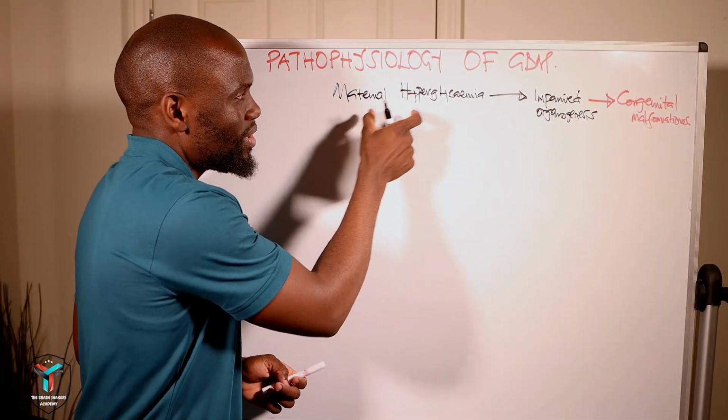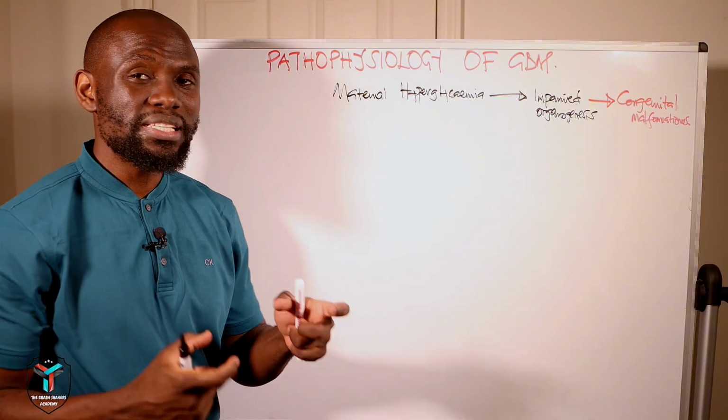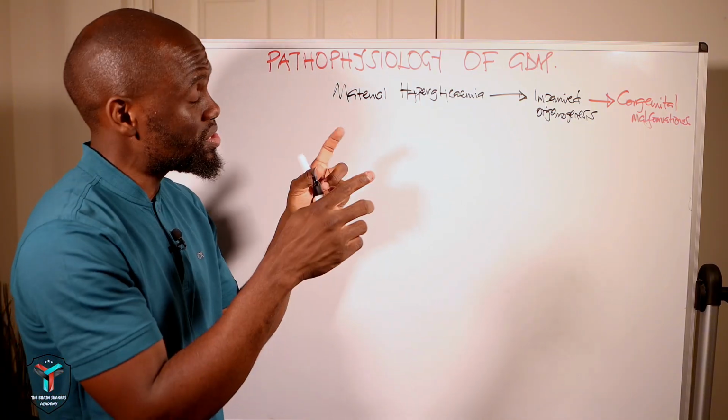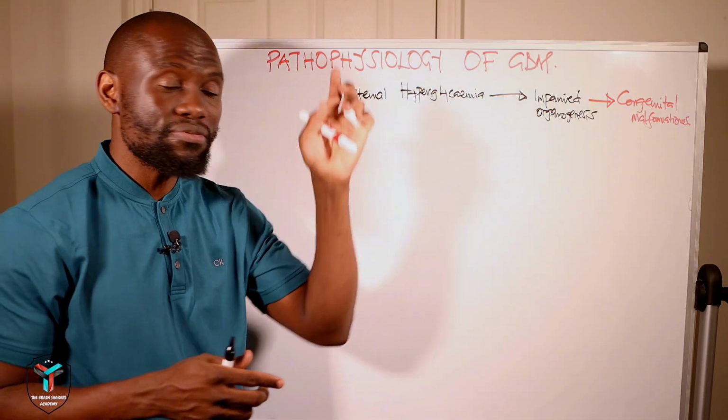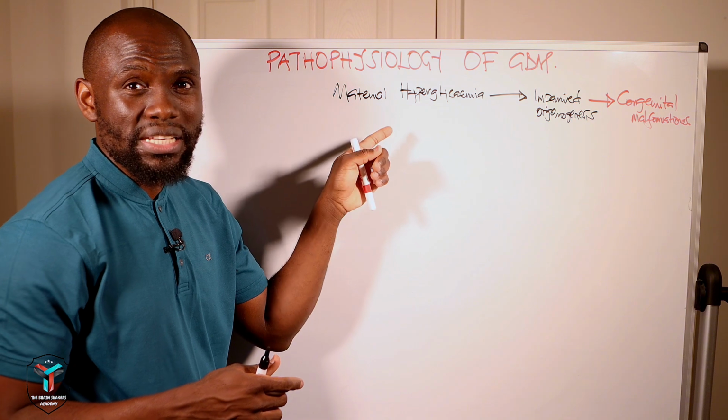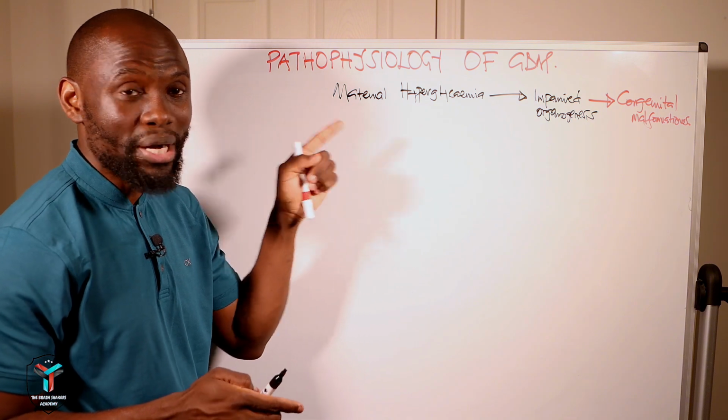Now, this maternal hyperglycemia means that the glucose has the capacity to cross the placenta and be transferred through to the fetus. So the fetus will also be in a state of fetal hyperglycemia.